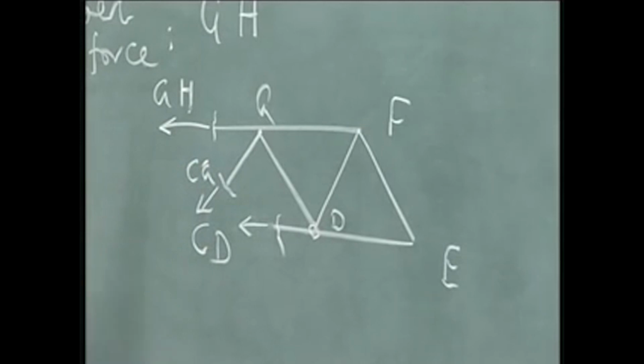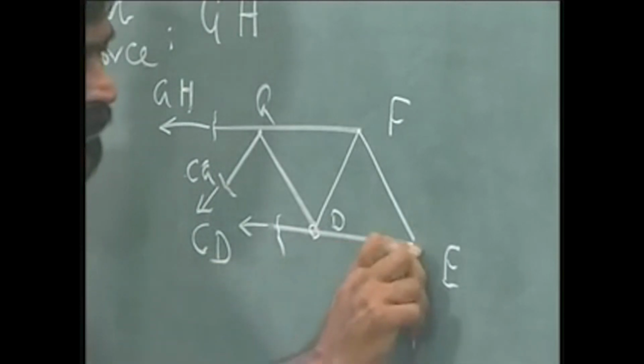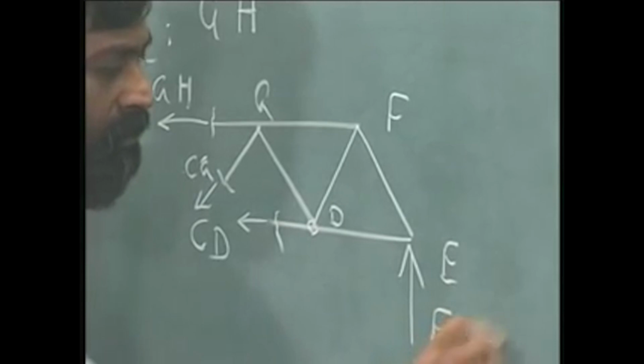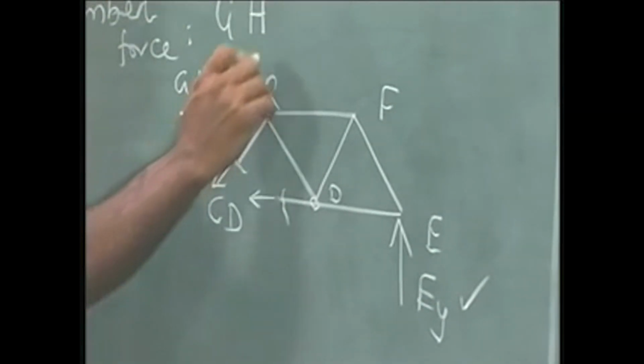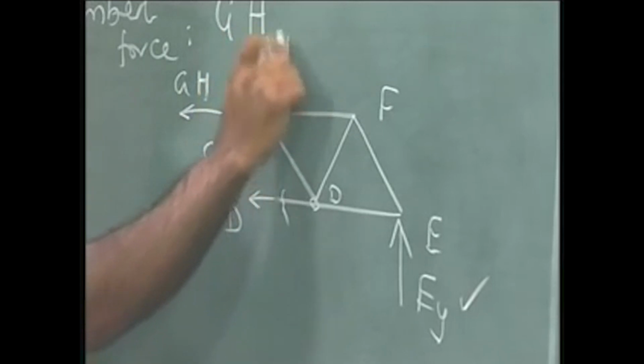Okay, all are assumed to be tension. Okay, what do I want to know? I want to know this particular member force GH. Okay, but I have two more forces here. All the rest are known. The reaction is already known by earlier treatment of the entire body, and there is a force acting on G which is equal to P.